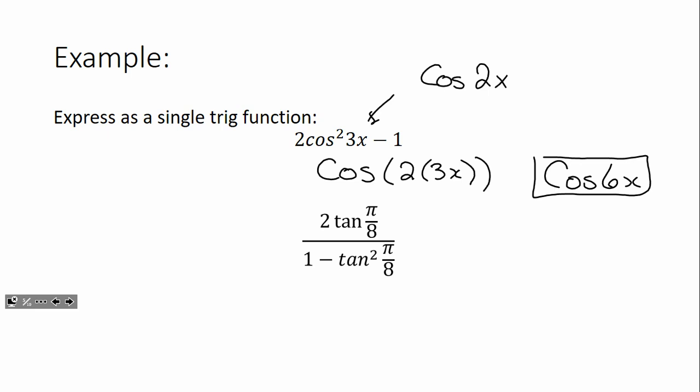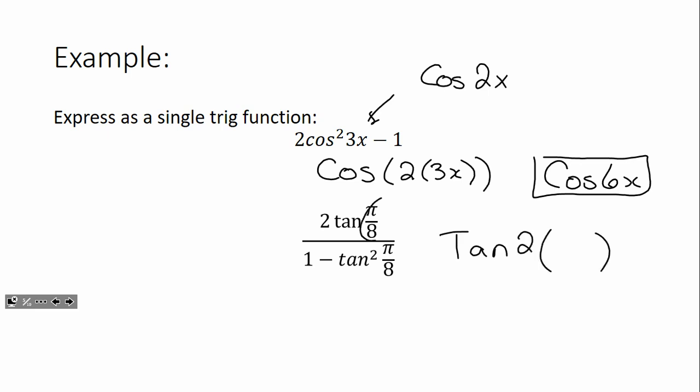The second one, again, you're looking at your tan identities on your formula sheet. And we would recognize that this one is tan of 2a.